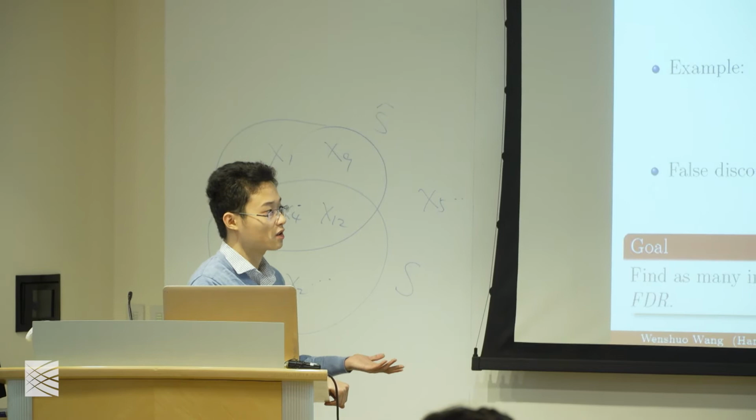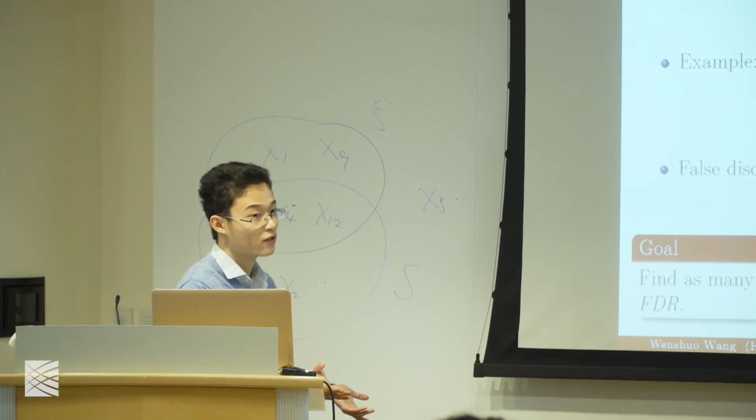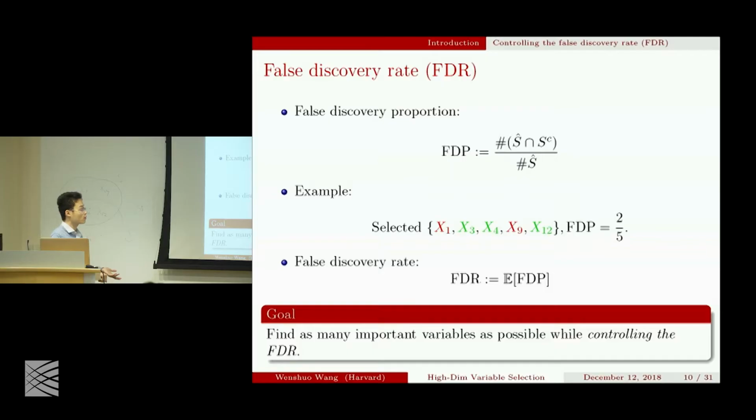But if I tell you that here are 100 variables, but 40% of them can be false, well, that's going to be like around half of them are really important. So we really want to have a very low FDR so that we're really confident about our discoveries.